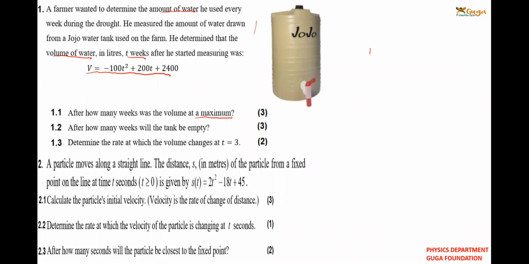We know at maximum, the derivative of the volume, dV over dt, should be equal to 0. So now this is 1.1.